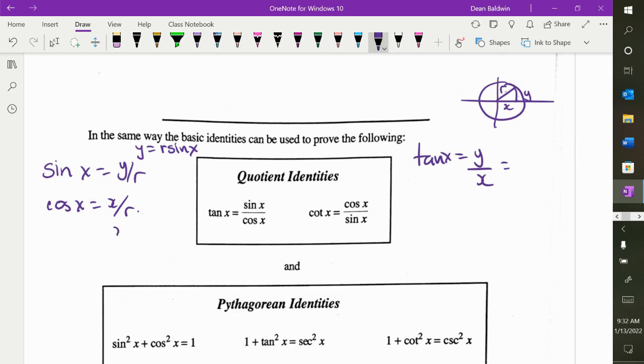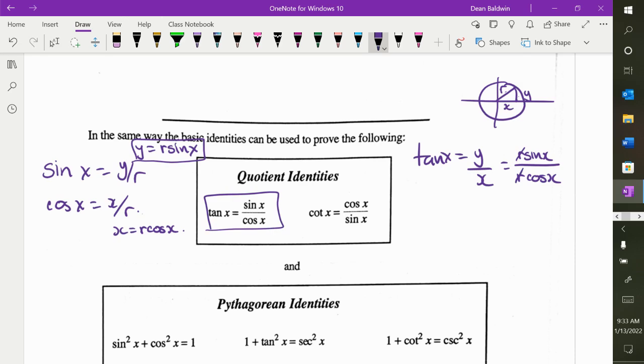I can do the same thing for this: x is equal to r cos x. Does that make sense? So if y is equal to r sine x and x is equal to r cos x, I can put those in there. What happens to the r's? You get tan x equals sine over cosine.